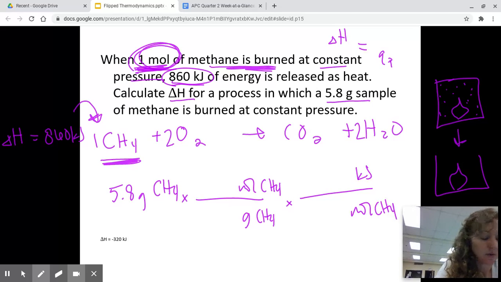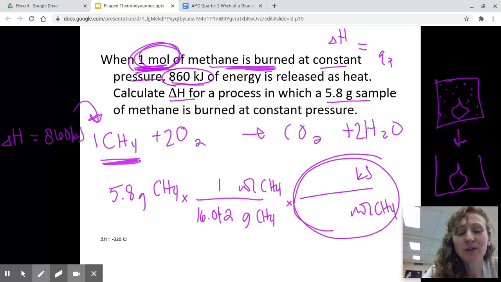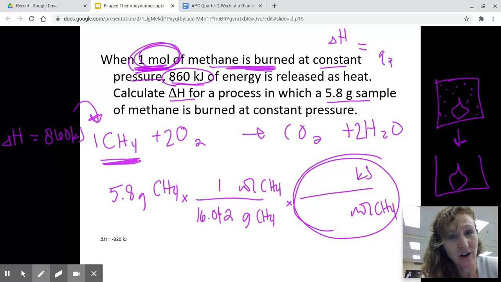Okay, so molar mass, let's see. 16.042 per 1 mole. And then this ratio, can anyone come up with where that ratio comes from?